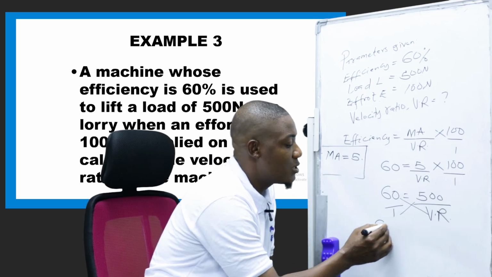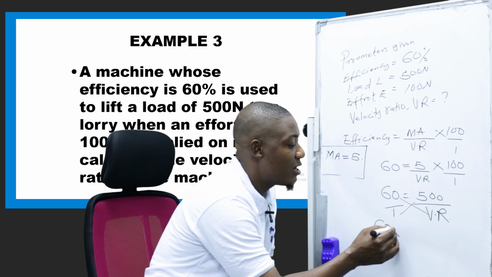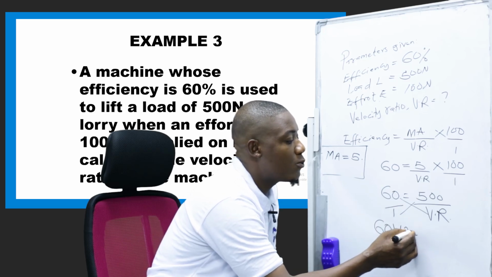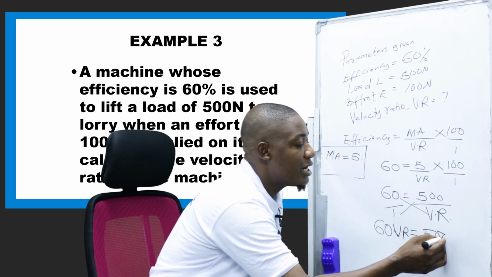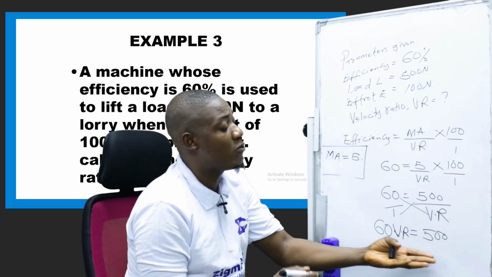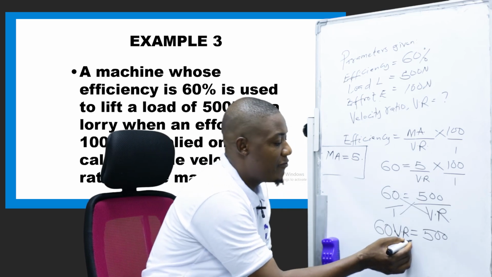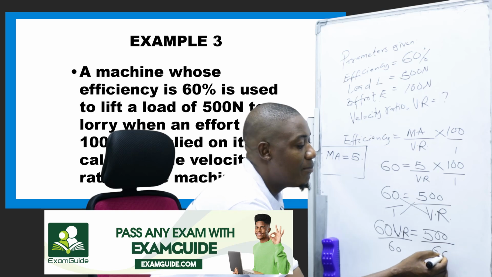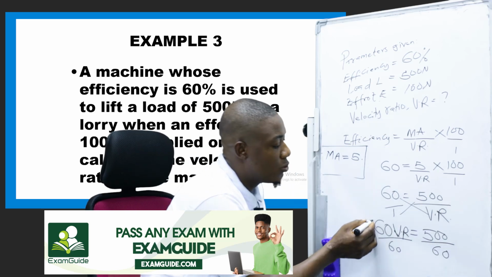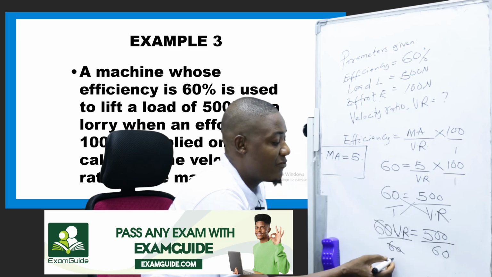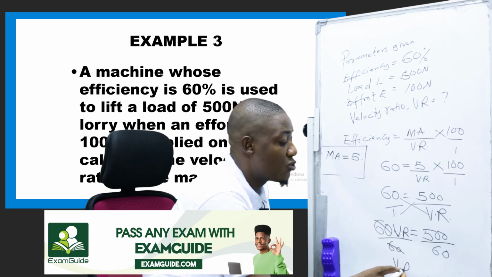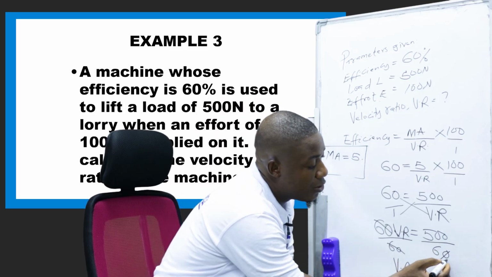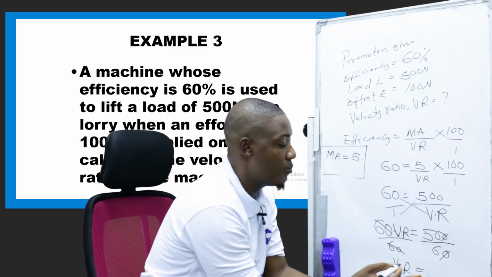So we're having 60 times velocity ratio equals 500 times 1, which is equal to 500. Divide both sides by 60. So 60 over 60 is 1. 1 times velocity ratio is the velocity ratio we are looking for, which is equal to 0 here. We'll take care of this 0.